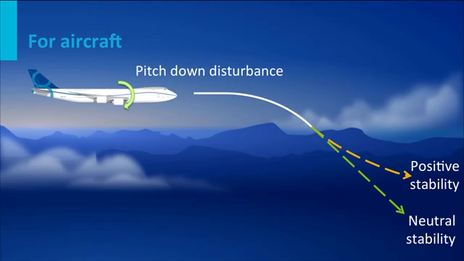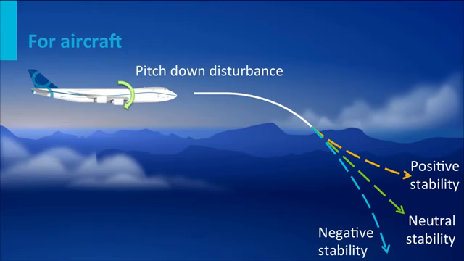If it has neutral stability, it will continue to move in the same direction with the same angle of attack, same pitch angle, it will move down. And this is what we call neutral stability. And of course, what can also happen is that it has negative static stability, then it will get even worse and will move further down. So this is static stability.